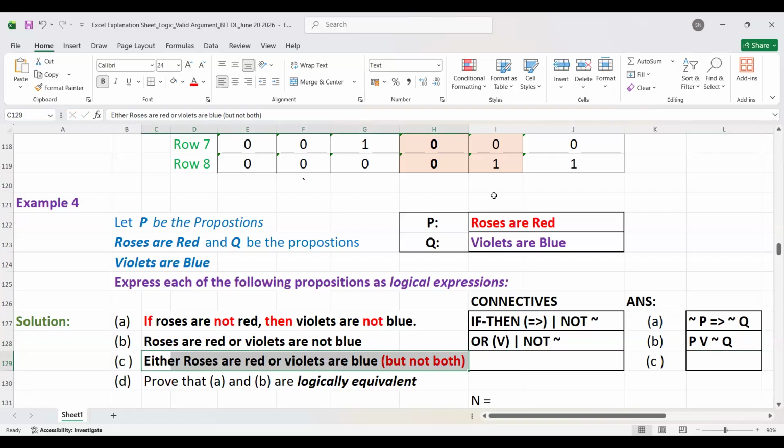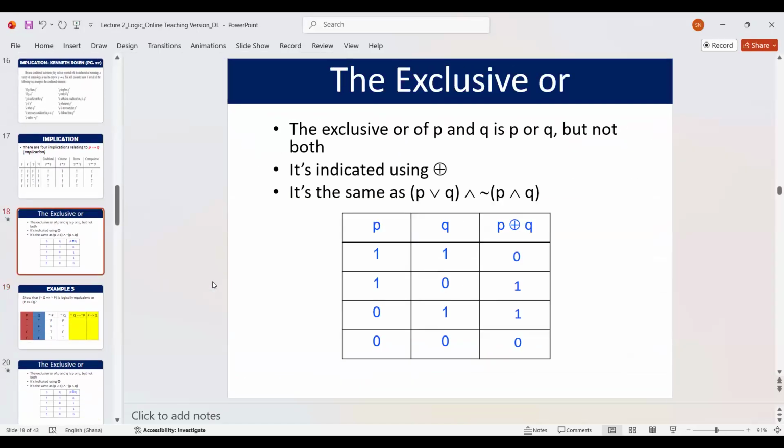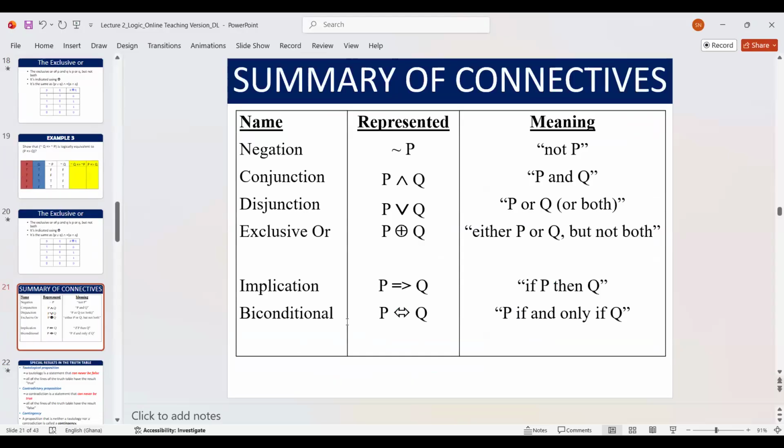Look at the summary here, the definition of exclusive or. Either P or Q, but not both. When they use the word but not both, you remember that exclusive or means exactly one must be true? So another way of saying that exactly one must be true is also saying but not both.